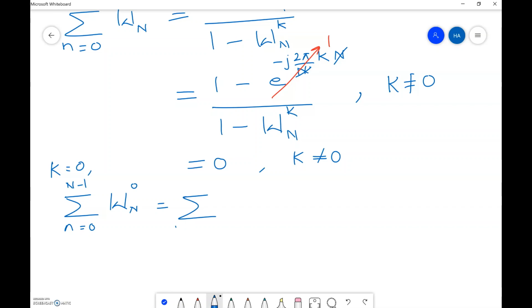So that is summation n from 0 to N minus 1 of 1. Adding 1 N times, you have terms from 0 to N minus 1, so there are a total of N terms, and this is going to be N. So the summation value is N when k is equal to 0.